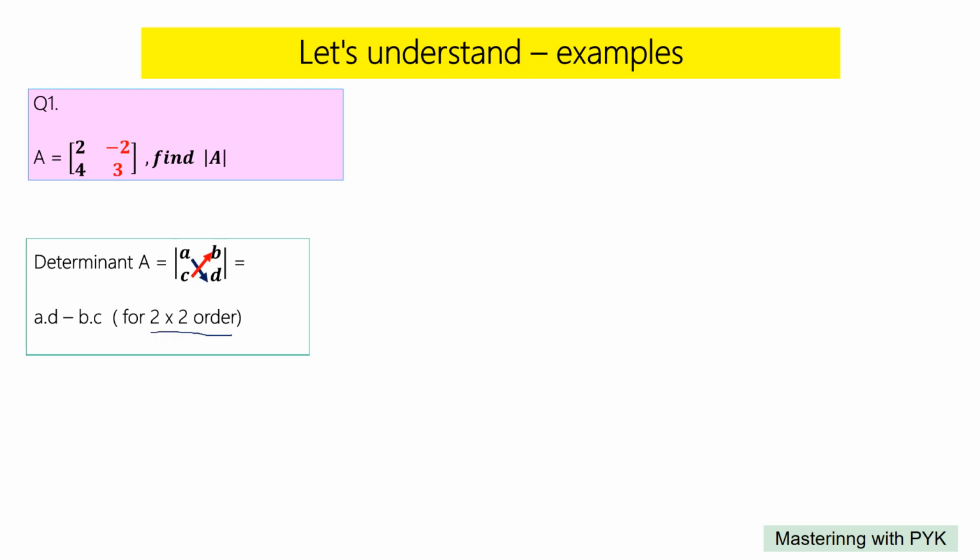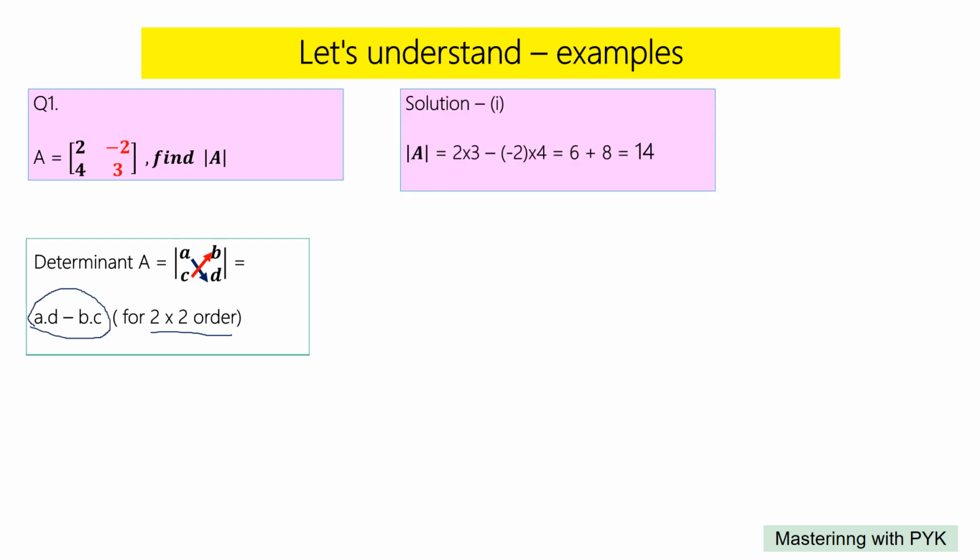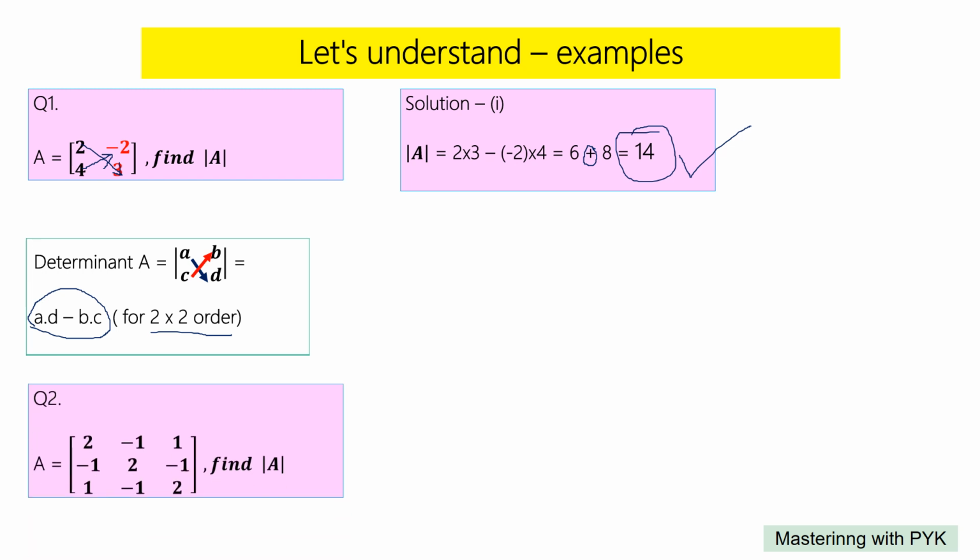It is A multiplied by D less B multiplied by C. So here the answer would be 2 multiplied by 3 less 4 multiplied by minus 2. This minus 2 becomes an addition sign. We have 6 plus 8, which comes out to be 14. So the determinant of the given matrix is 14.